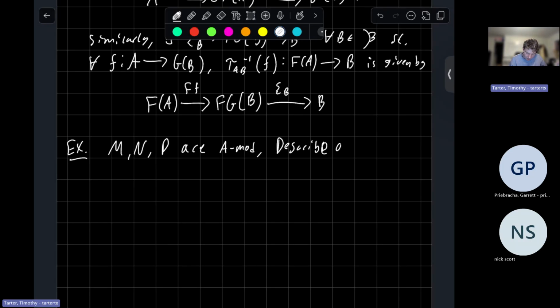Describe a bijection under the morphisms from M tensor product over A of N to P, and then morphisms between M.